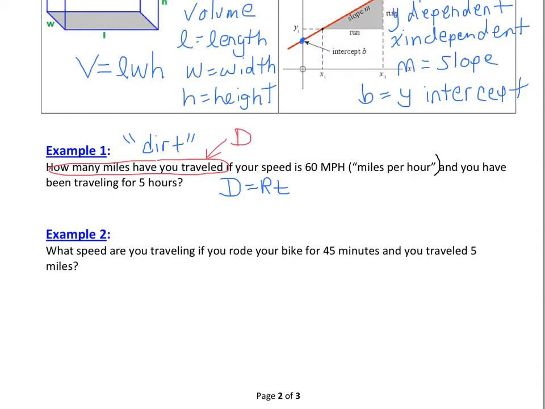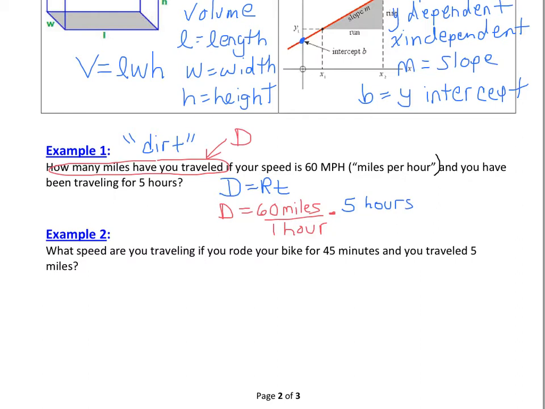But we do know that the rate is 60 miles per hour. And I'm going to write that this way, 60 miles per 1 hour. And we've traveled for 5 hours. So I'm going to write that t as 5 hours. Notice I'm not just writing down numbers, I'm writing down the units.